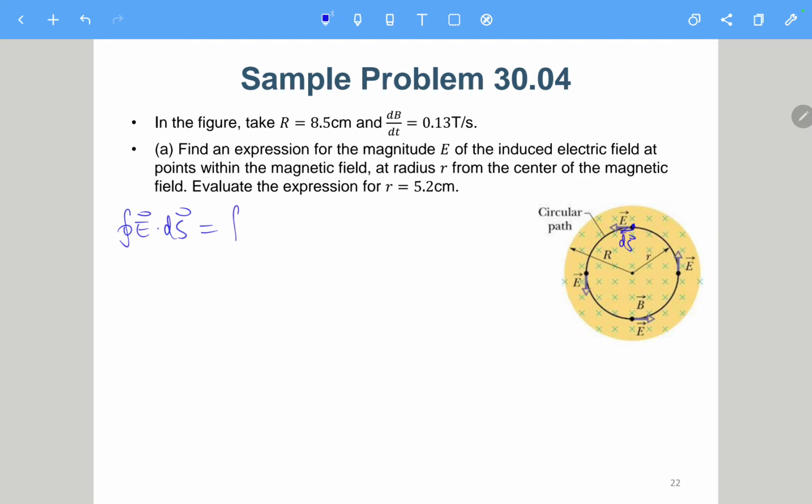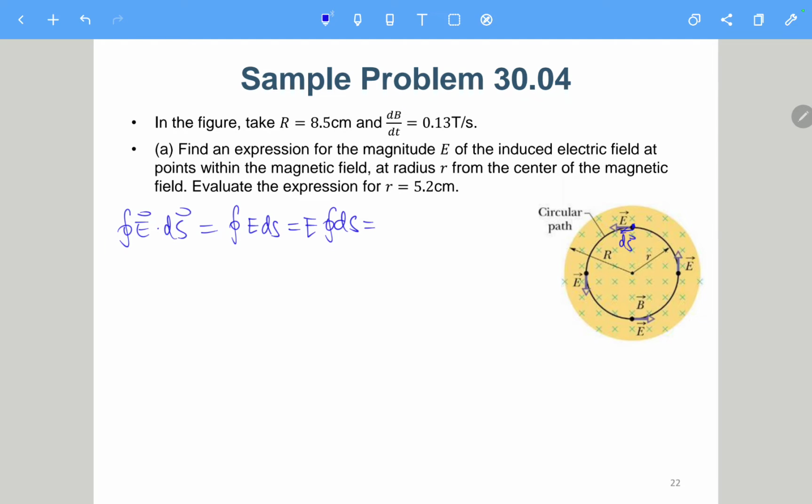Okay, so here we know E and ds are parallel to each other, which means that E dot ds is nothing but E times ds. And then E is constant over the loop because they are all symmetric. So we have nothing but E times the integration of ds.